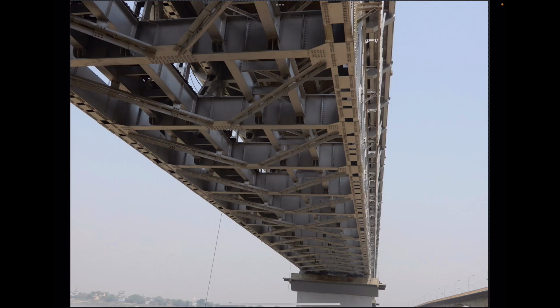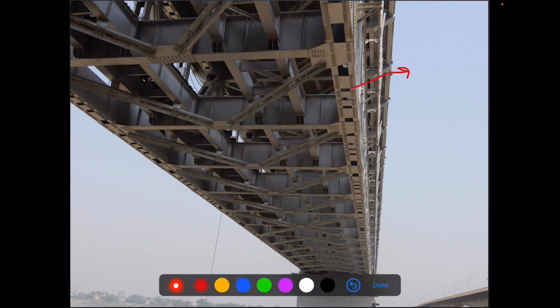So now we can see the floor system. As you can see, this is my bottom chord. This is my cross girder. These are the stringers of the first track. These are the stringers of the second track.